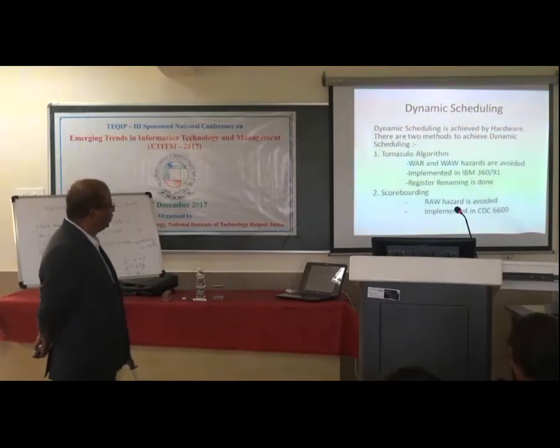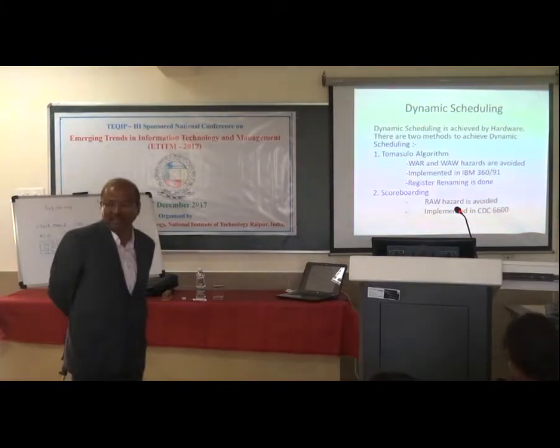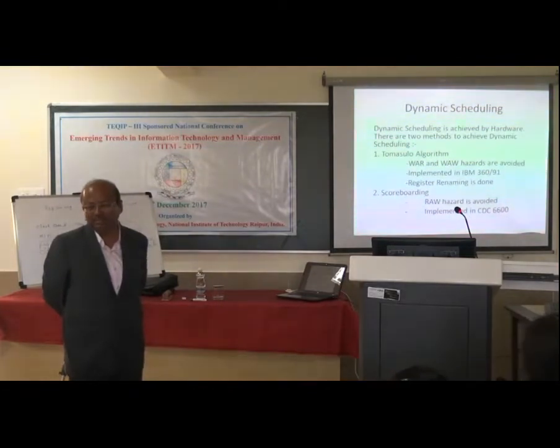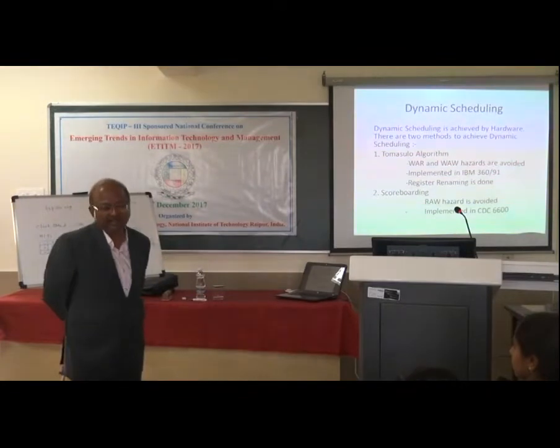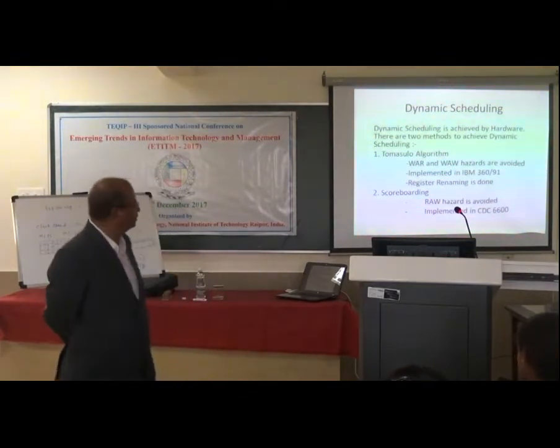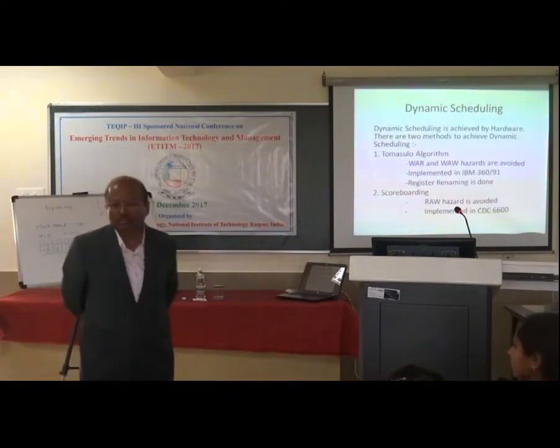So in Tomasulo algorithm, WAR, that means write after read, and write after write hazards are avoided, and this is implemented in the IBM 360/91 computer. See, these are not new techniques. I am not teaching you new research. This is older research, but development in parallel computing is very slow, and the IBM 360/91 is a milestone computer.